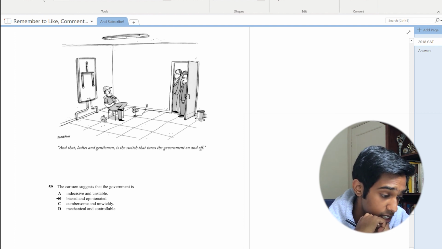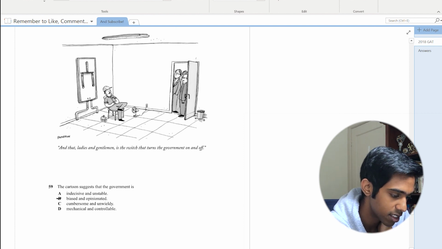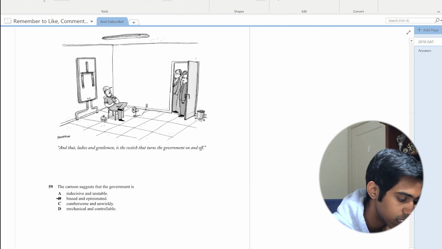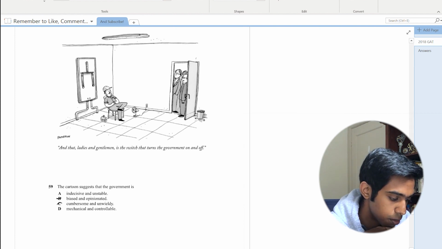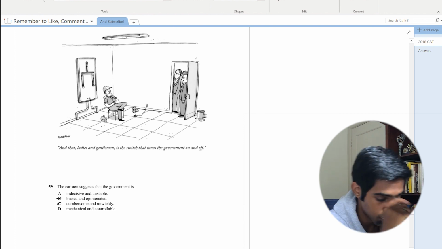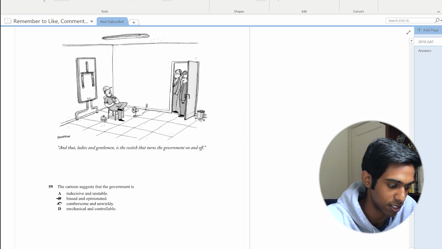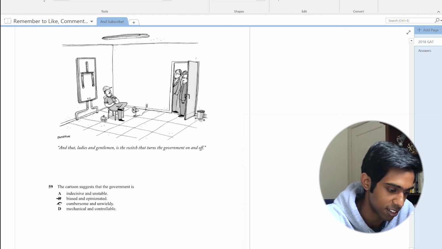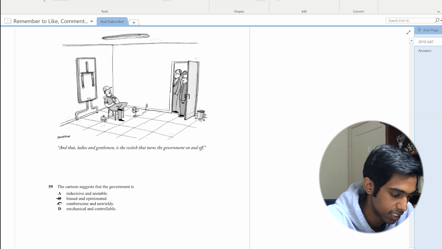Cumbersome and unwieldy, possibly, but I don't think there's anything to say that it's unwieldy. Mechanical and controllable, possibly as well. I really don't know for this one actually, so this is something I might just guess on the actual GAT if I was doing it, but I'm trying to take an educated guess. There's nothing really to say that it's indecisive.